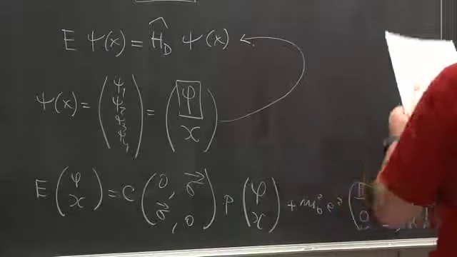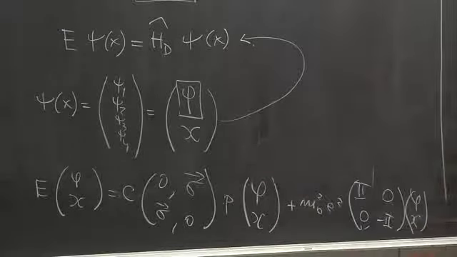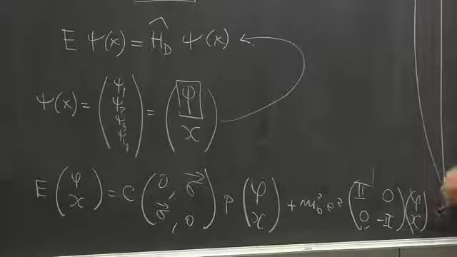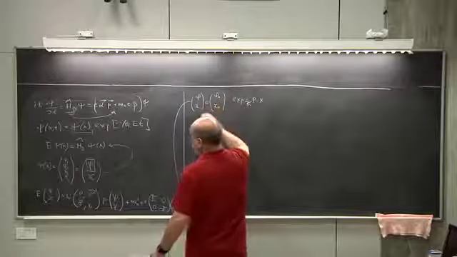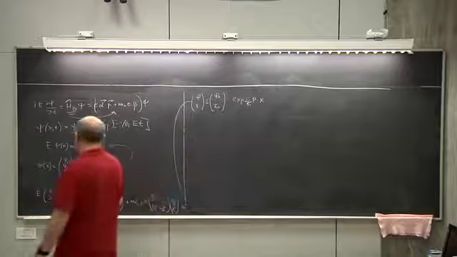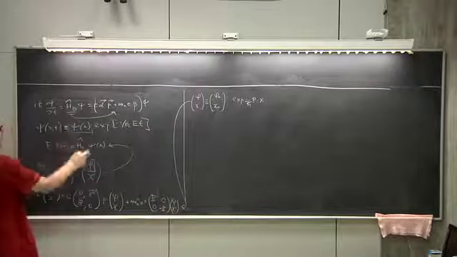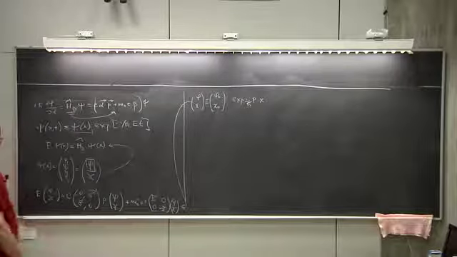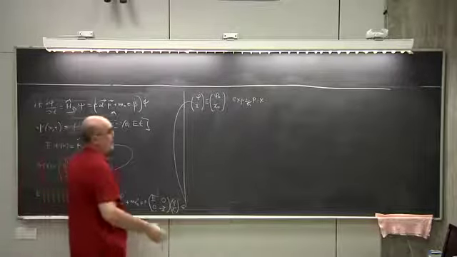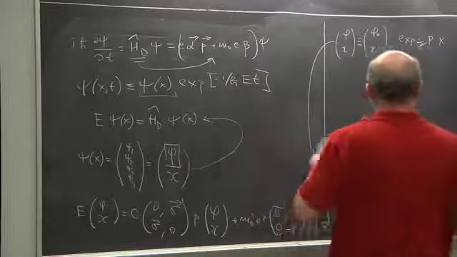So this is a choice we made, like this was another choice we made. We chose a state at fixed energy, and now we chose a state at fixed p.